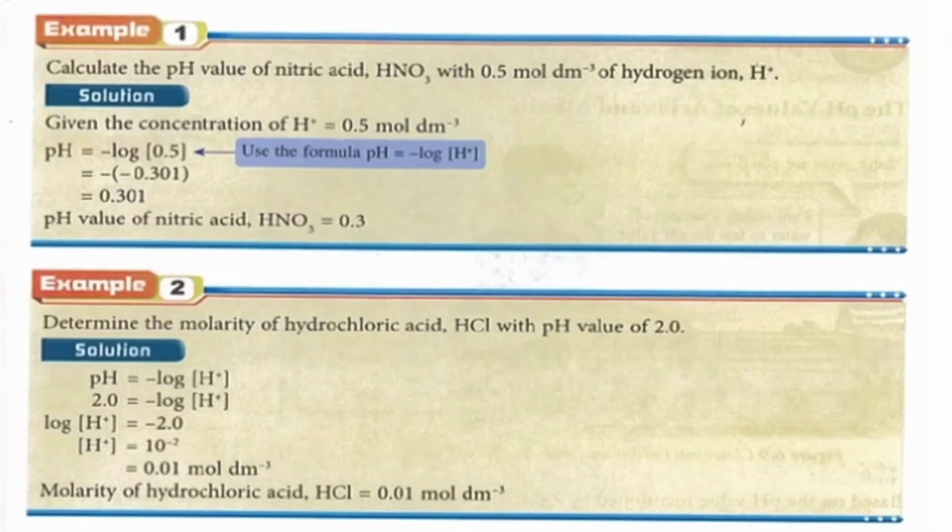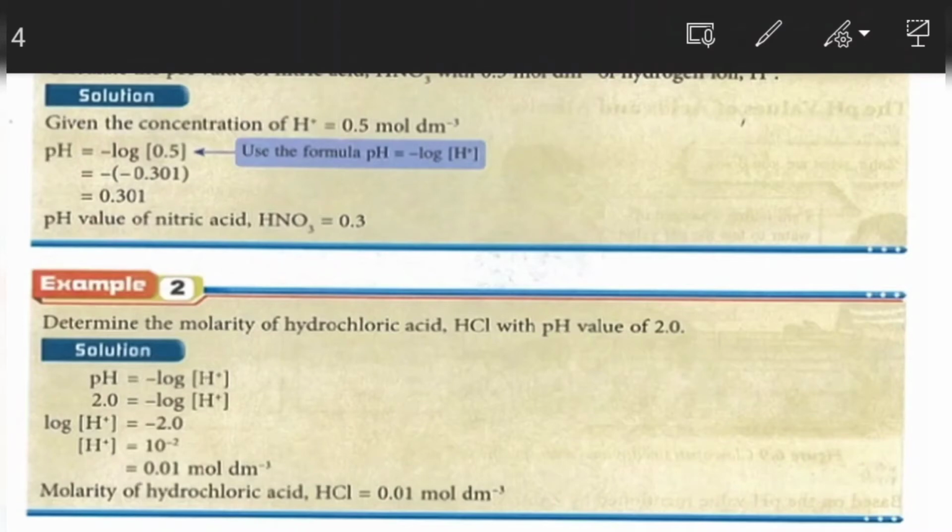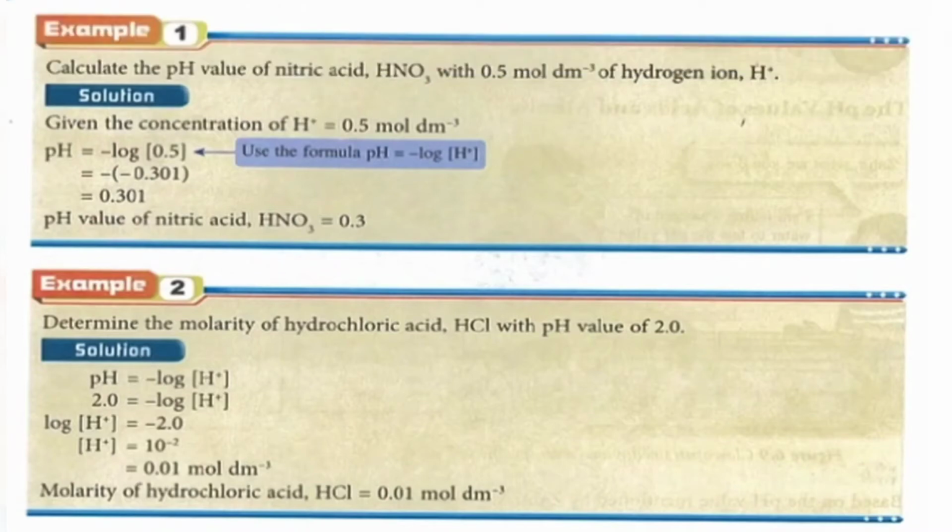Okay, for example number 1, calculate the pH value of nitric acid HNO3 with 0.5 molar of hydrogen ion. So given the concentrations of hydrogen ion 0.5 molar, we want to find the pH value of nitric acid. We want to find the pH value using the formula negative log concentrations of H+.